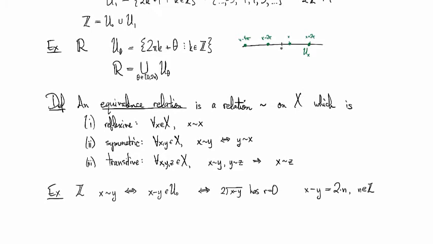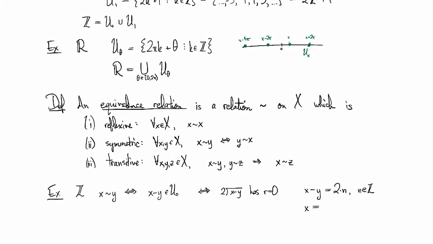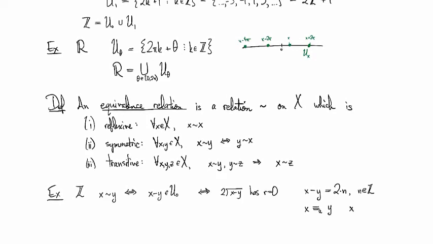And so this is often written x is congruent modulo 2 to y. Or if you like, x minus y is congruent modulo 2 to 0. Same thing.